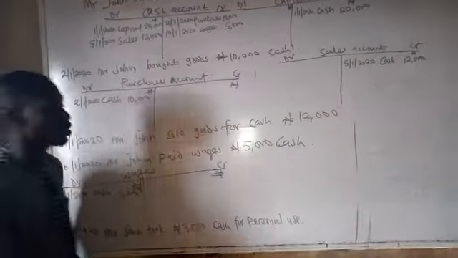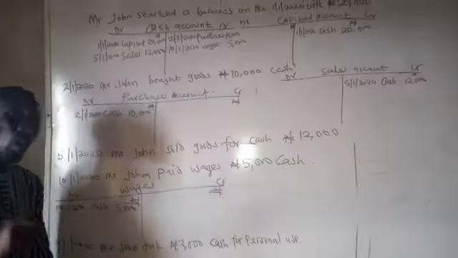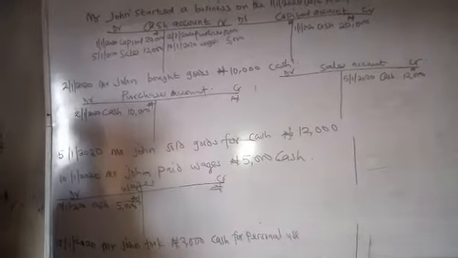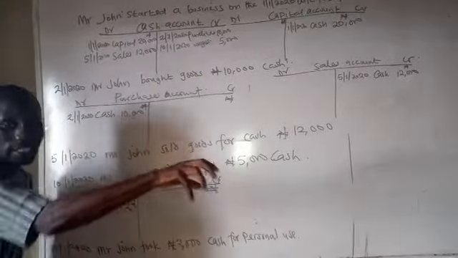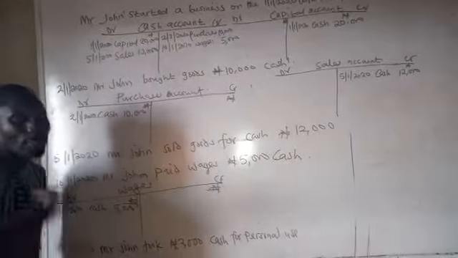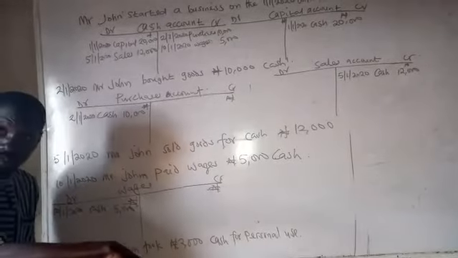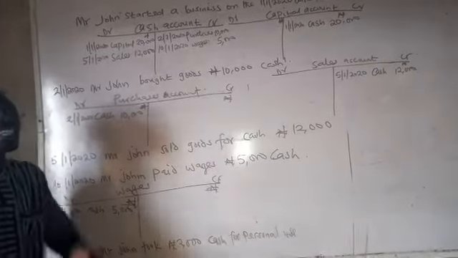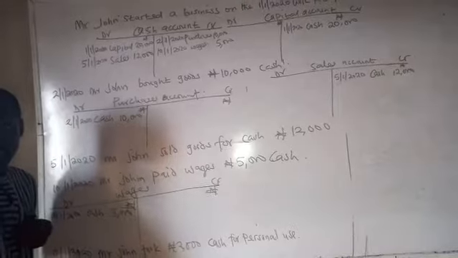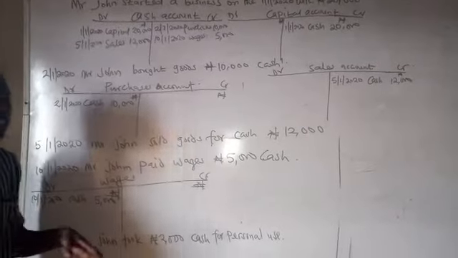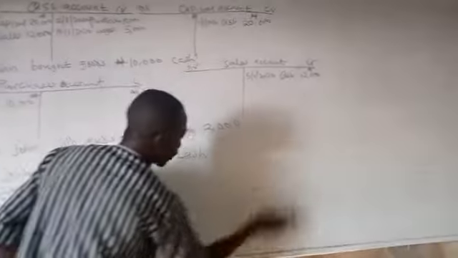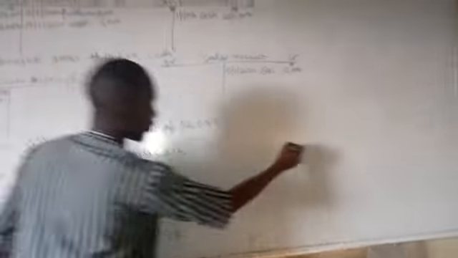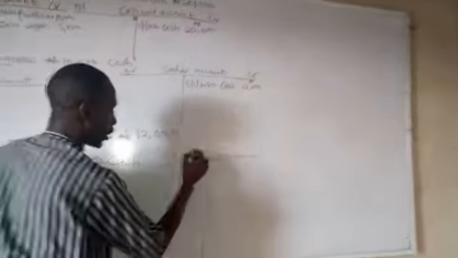Remember, a drawings account means the owner of a business takes cash out of his money for his own personal use, not for the business use. What it means is that he is taking part of his money. Are you getting what I'm saying? Then you need to open a drawings account.